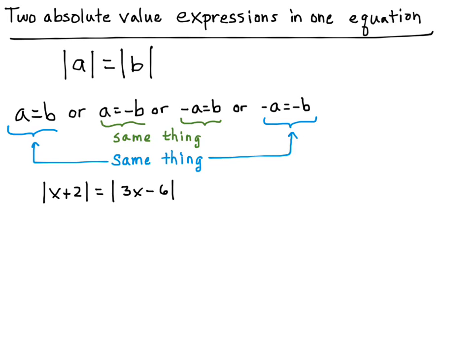So the way you set it up is write it, assuming that the absolute values don't change anything, and then write it so the absolute values change only one side. Now, don't jump ahead of yourselves and say, okay, this is going to be negative 3x plus 6.